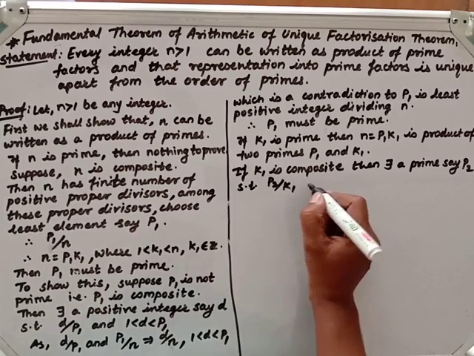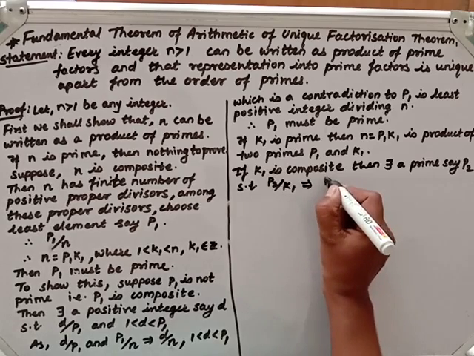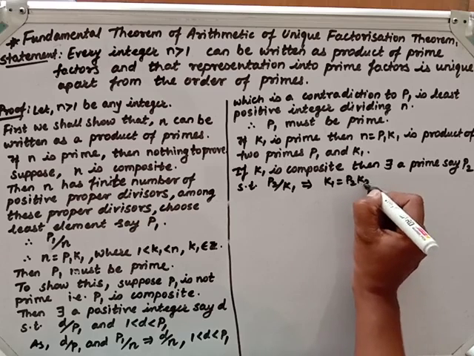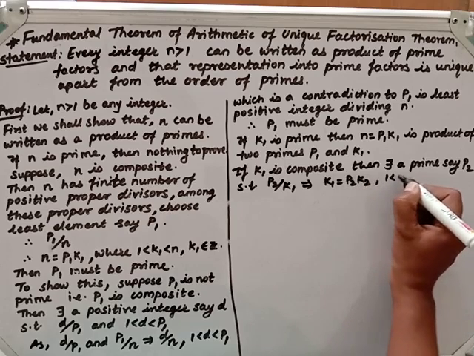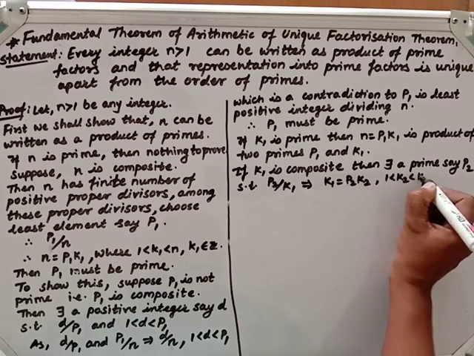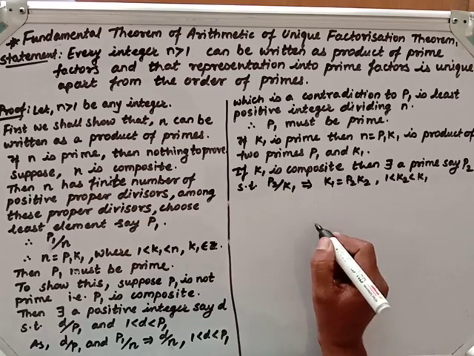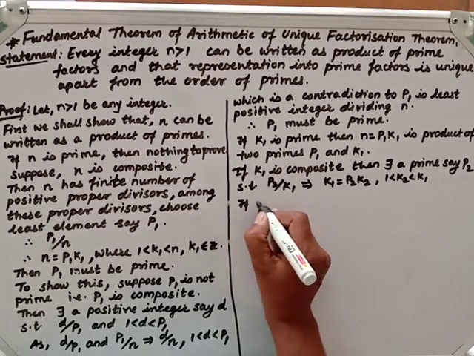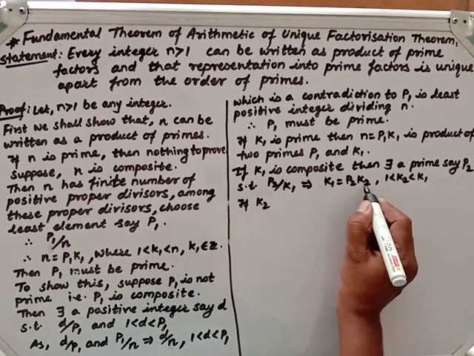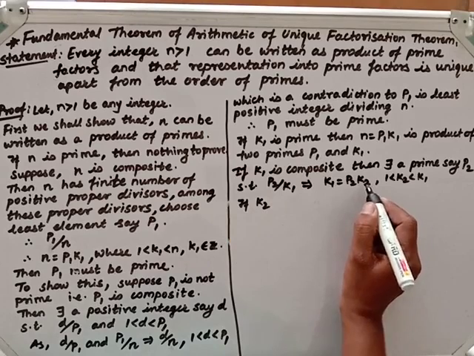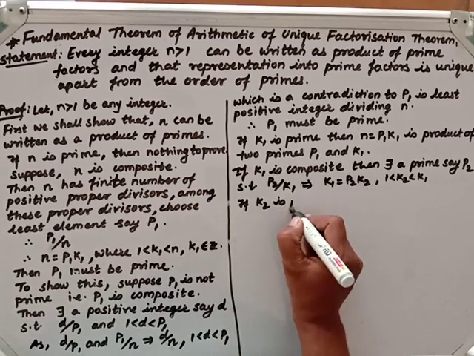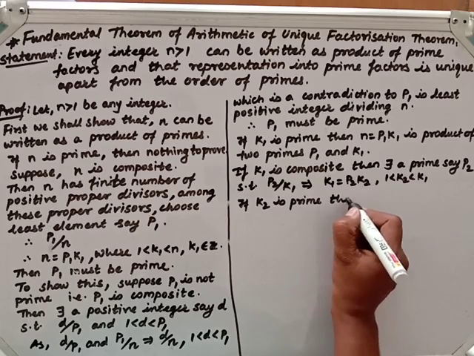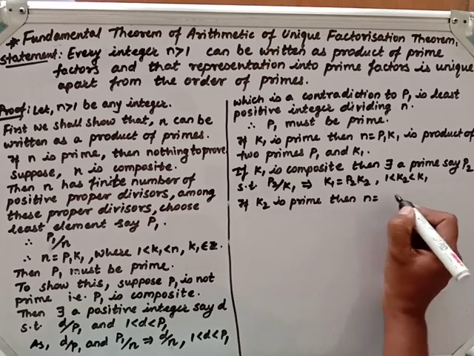And if P2 divides K1, this gives K1 equal to P2 K2, where 1 is less than K2, which is less than K1. Now again the question comes for K2. If K2 is prime, what do we get?